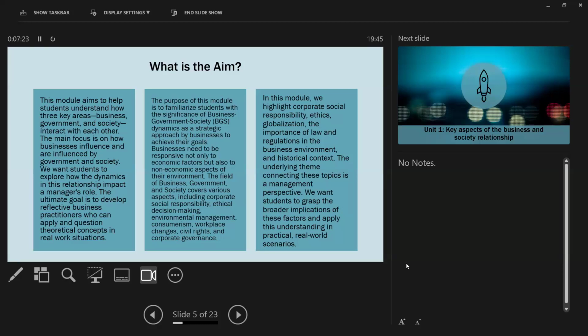So obviously, the people that have the burden of this are the managers, or the people within the management. We want the students to grasp the broader implications of these factors and apply this understanding in practical and real world scenarios. That is the main aim of this module.